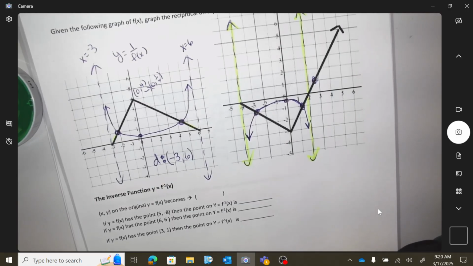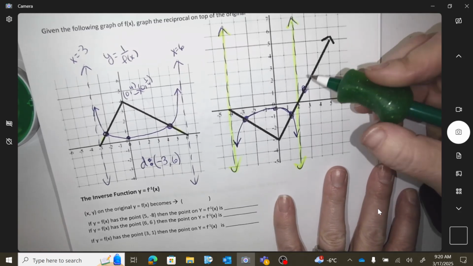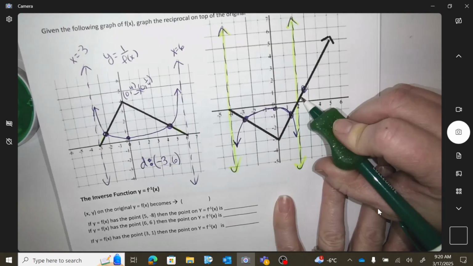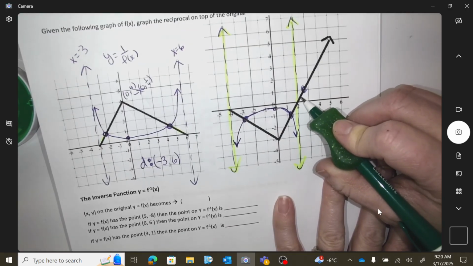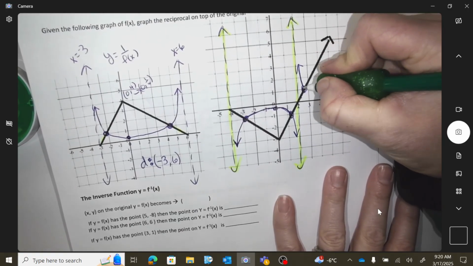Okay, now we're going to go to this next section. So, do you see where my pen would be right now? I'm going to call these heights close to 0. So can you move them away?